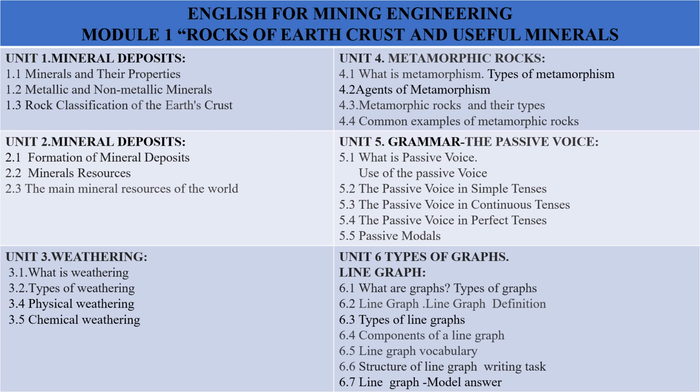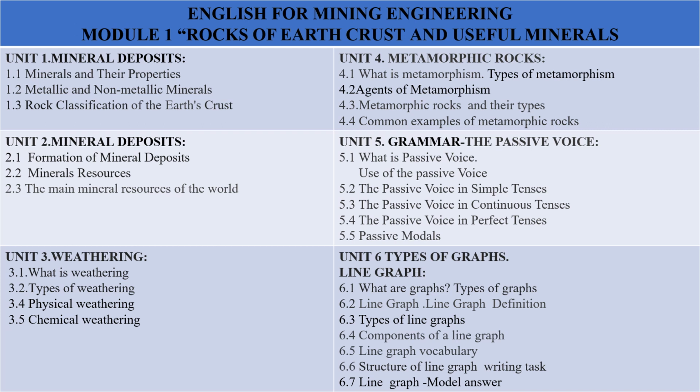Unit 5 Grammar, the passive voice: 5.1 What is passive voice? Use of the passive voice, 5.2 The passive voice in simple tenses, 5.3 The passive voice in continuous tenses, 5.4 The passive voice in perfect tenses, 5.5 Passive modals. So, the final unit, types of graphs, line graphs: 6.1 What are graphs?